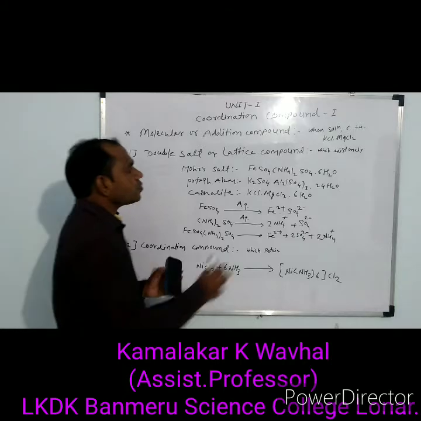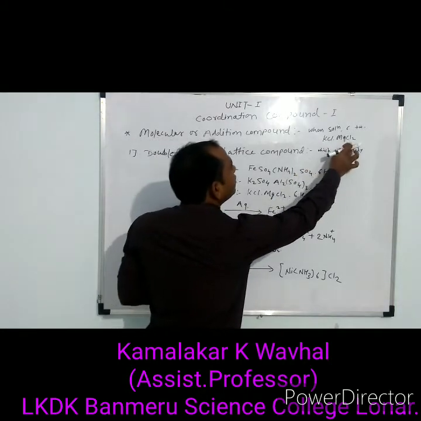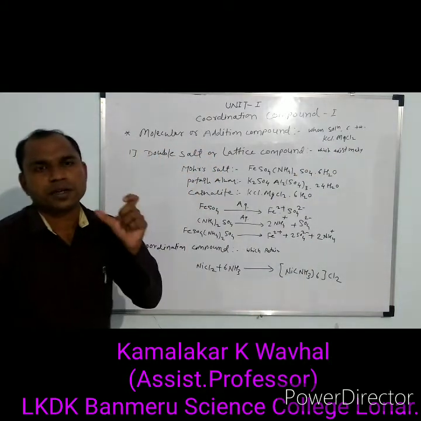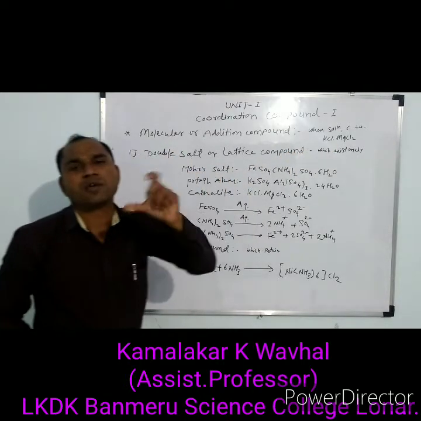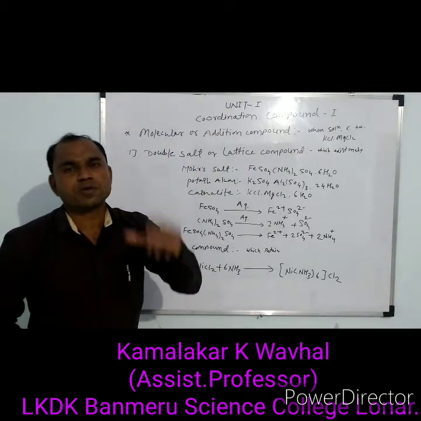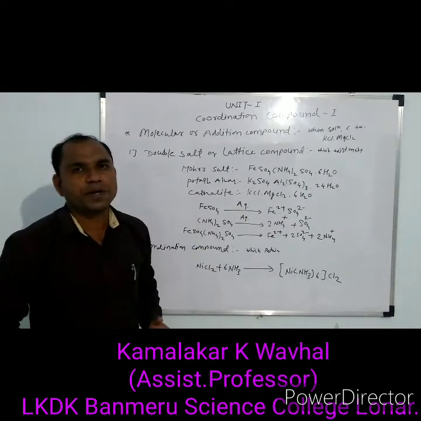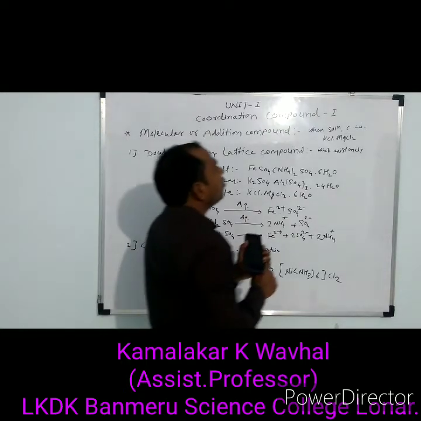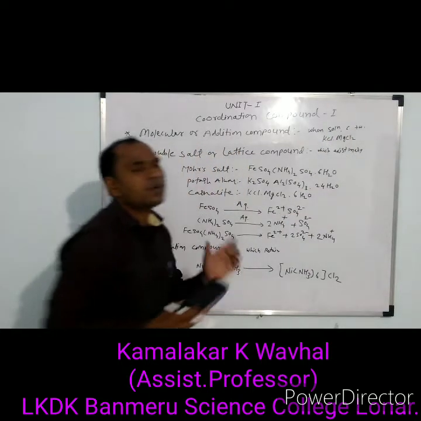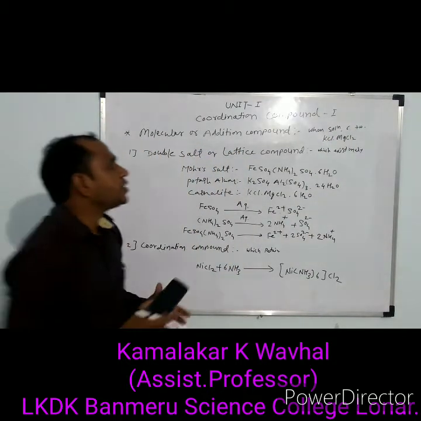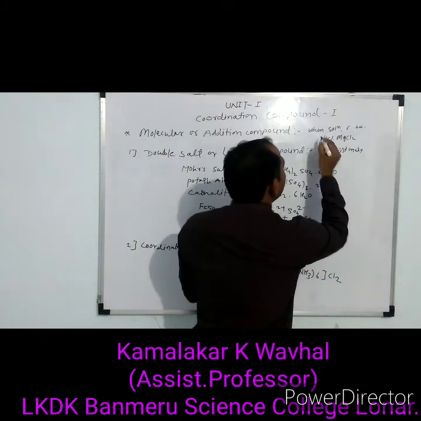For example, KCl and MgCl2 are two salts. These two salts are mixed together in an aqueous solution, and this aqueous solution is allowed to evaporate. Then we get the combined compound KCl·MgCl2.